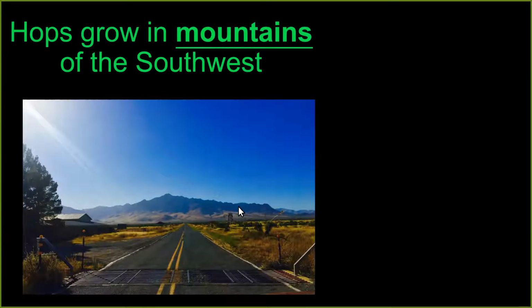One aspect of my project that I will not talk about today is the Sky Island aspect, which Dr. Kennelly briefly mentioned. We're following up with genetic studies to look at how different populations of hops differ genetically. But nonetheless, the hops are found in the mountains of the Southwest.